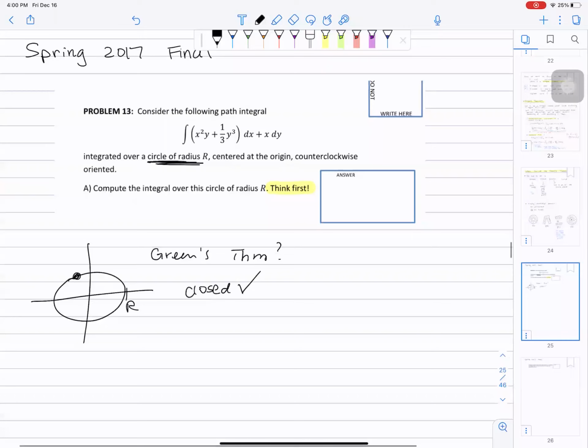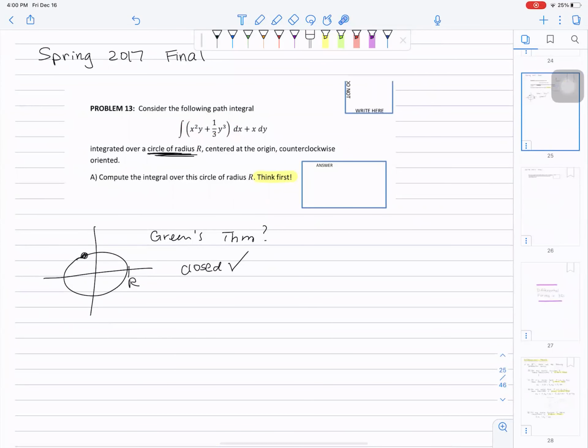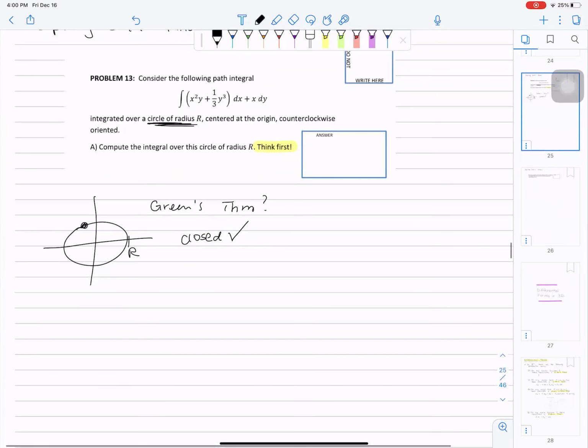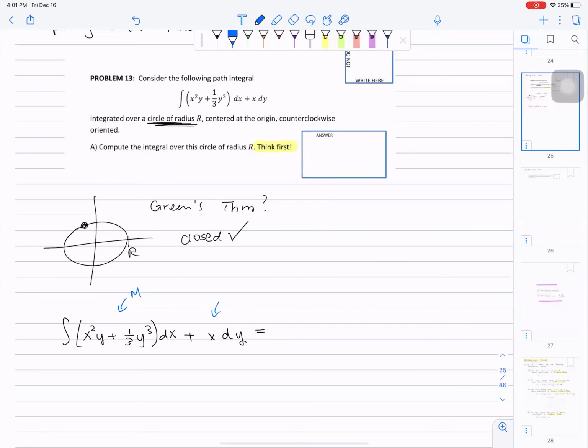So let's use Green's theorem to calculate this integral. Green's theorem says that the integral of x squared y plus 1/3 y cubed dx plus x dy over my curve equals, this is M, this is N, I do N sub x minus M sub y.